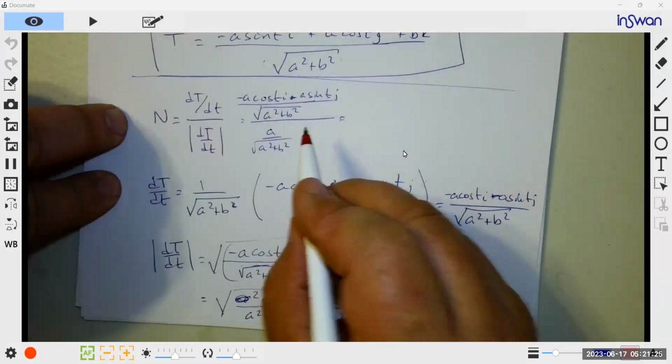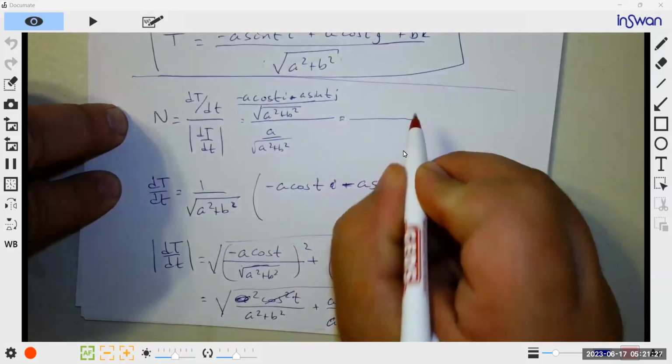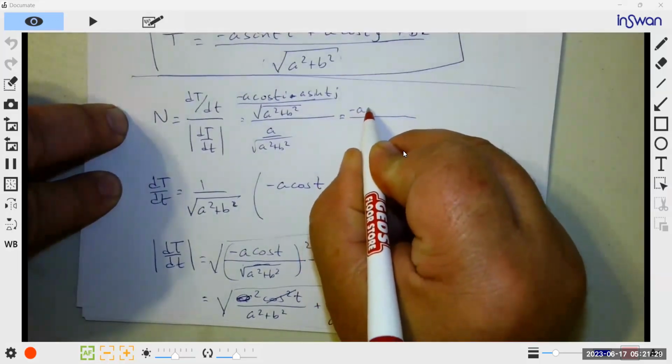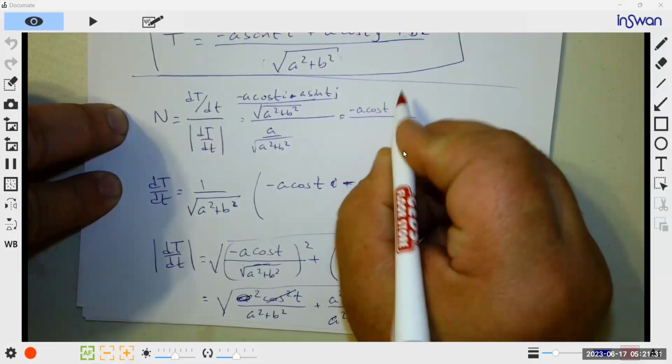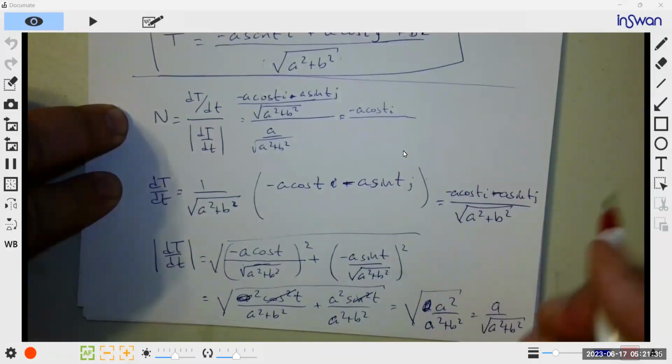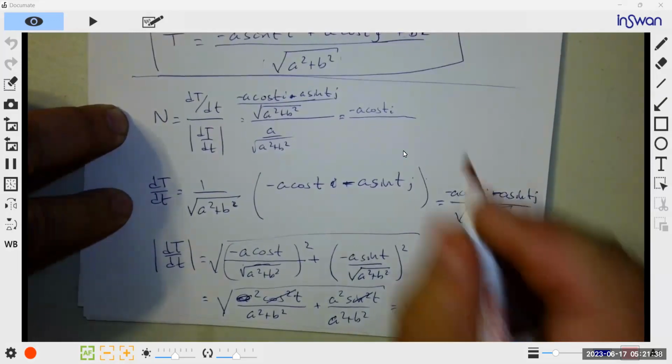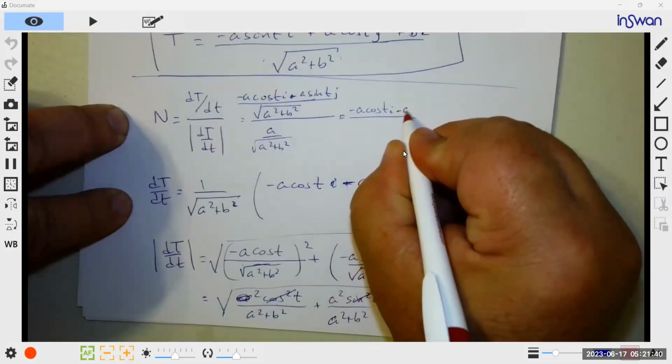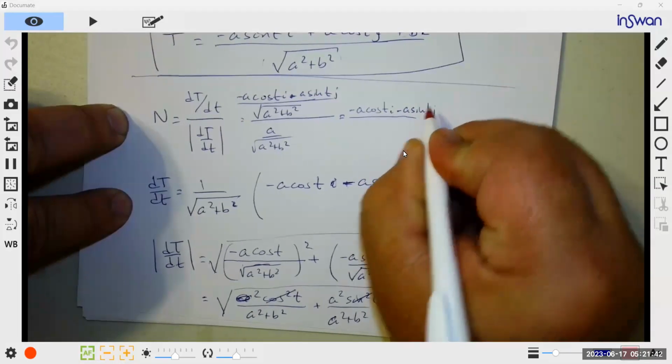Flip those two, so we have on top negative a cosine t i minus a sine t j.